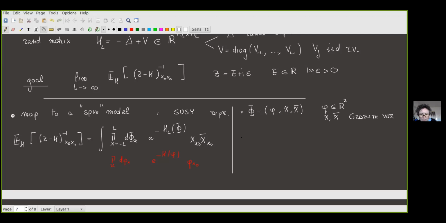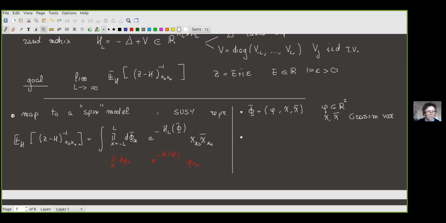If you know Grassmann variables, then you will have no problem. If you don't know them, don't worry. You can think of them as anti-commuting objects, and they are algebraic tools that help doing the computation. But at the very end, when we do estimates, they will disappear. The problem will be, at the end, to reduce the problem to ordinary variables.